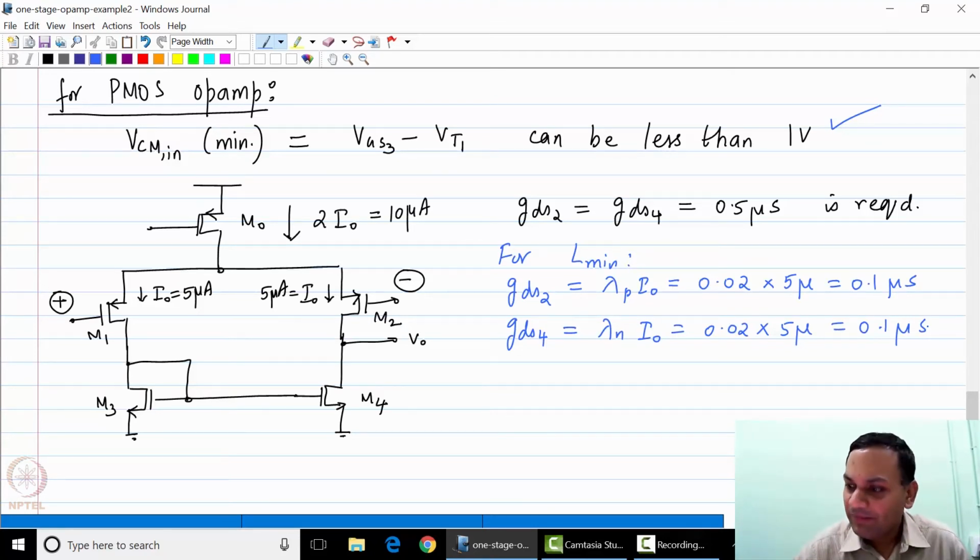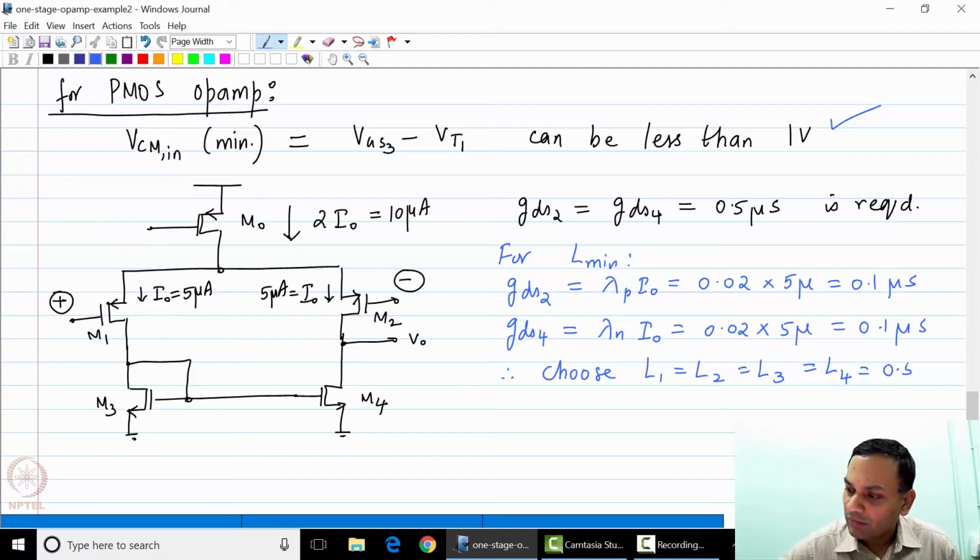So clearly, GDS2 of 0.1 microsiemen and GDS4 of 0.1 microsiemen is more than enough. With these values, we decide that L1 is equal to L2 is equal to L3 is equal to L4 equals 0.5 micrometers.